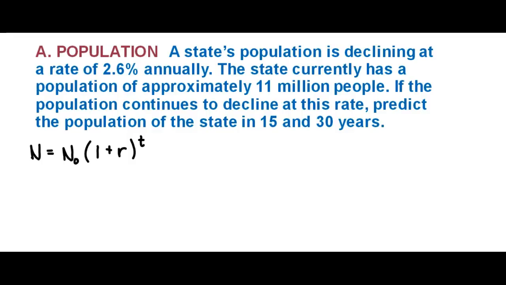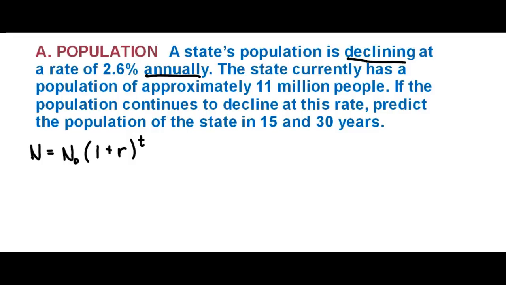Now, this plus can change to a minus if you have a decreasing rate, like this one is declining. So we're going to use a negative 2.6 for our rate. We also want to make sure that this matches the time unit we're putting in. Since we're dealing with annually, we want that time to be in years.